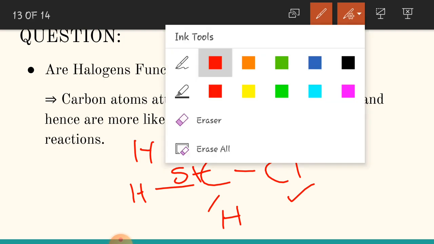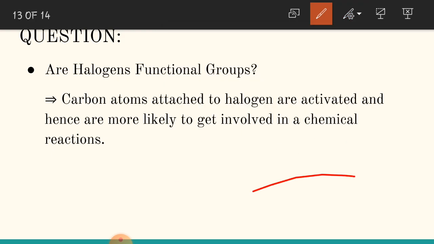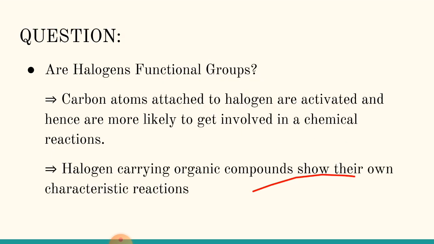So therefore these halogen carrying organic compounds show their own characteristic reactions. It means that these haloalkanes show their own chemical reactions that are limited to only those organic compounds that have halogen atoms in them.